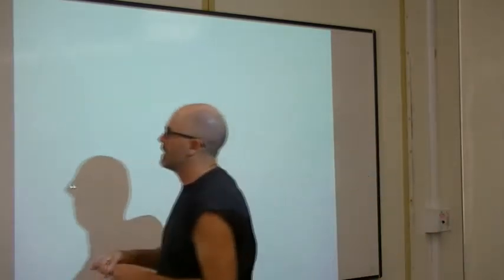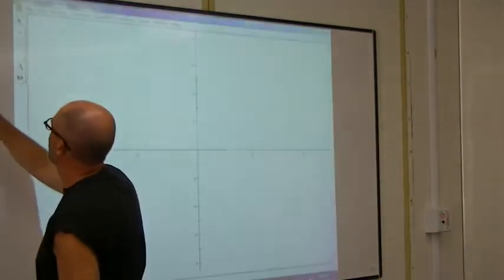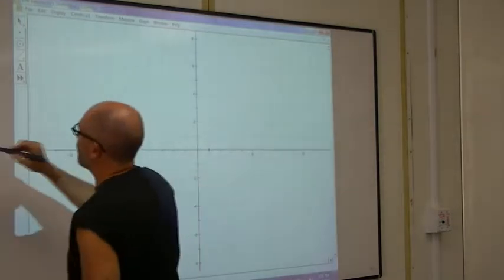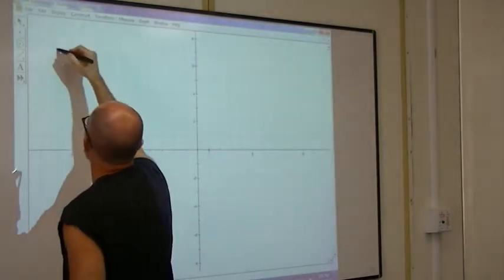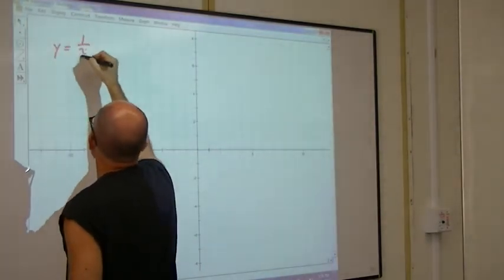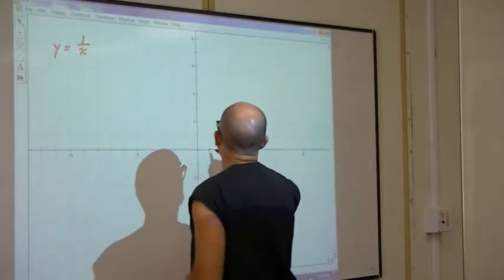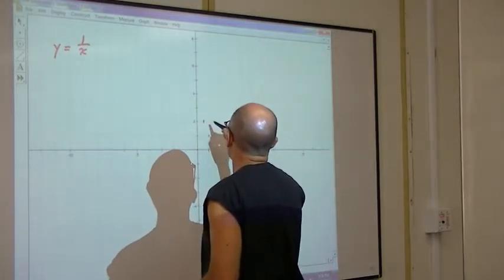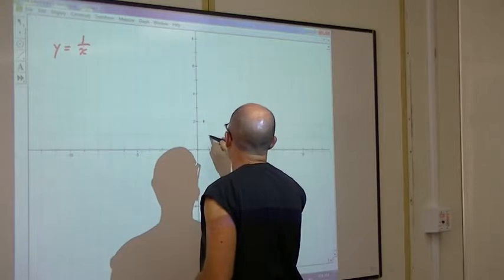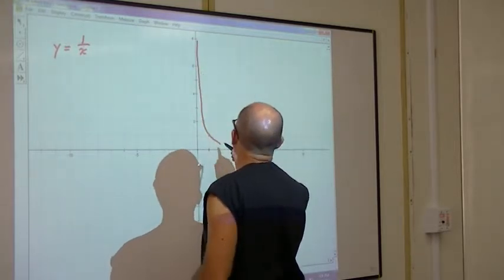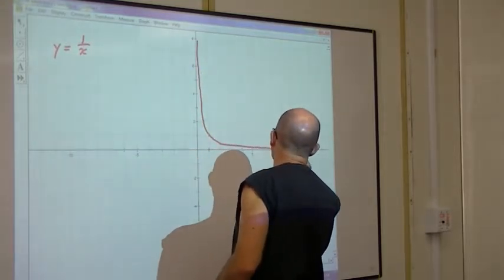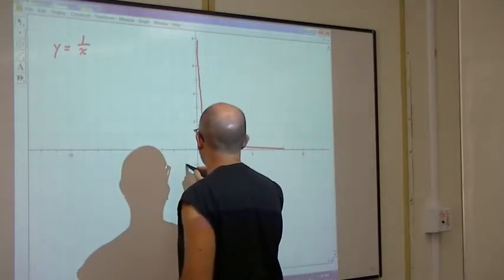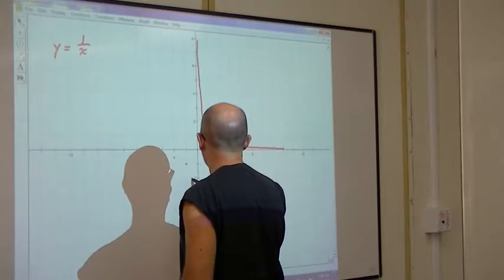Let's look at an example here. If we take the function y equals 1 over x, clearly that's not continuous at x equals 0.